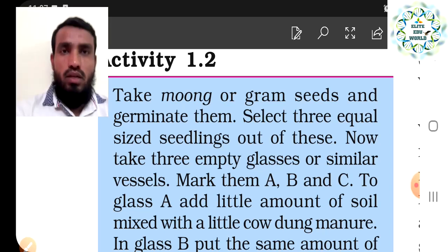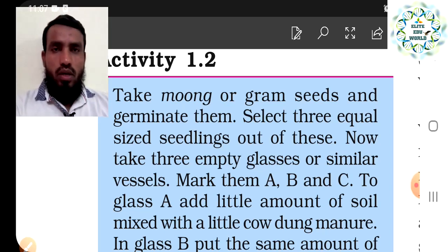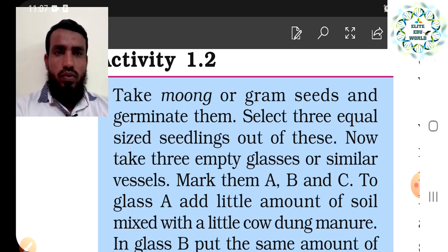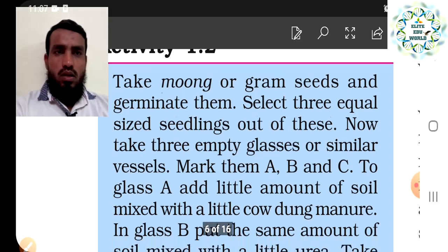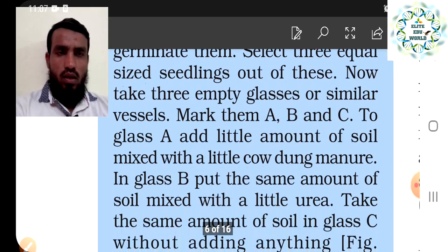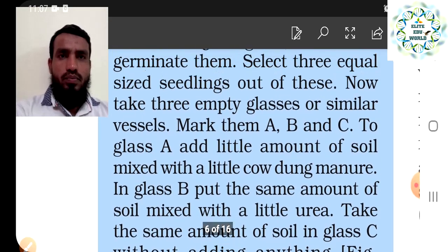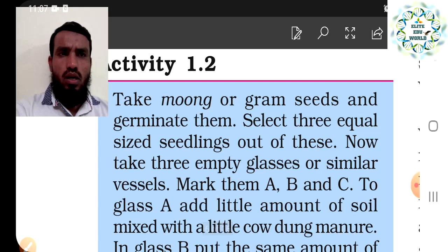We are taking 3 glasses or 3 cups in this activity, and we will name them A, B, C. In them we will add a small amount of normal soil, and then we will add seeds of moong or gram to germinate them.